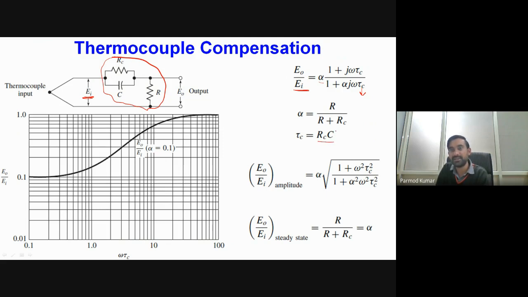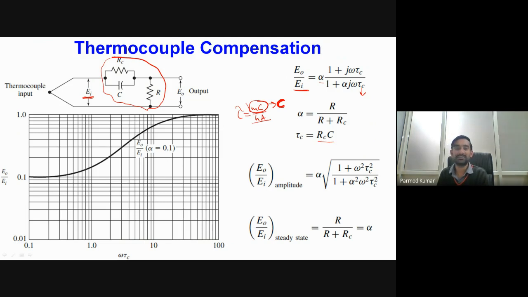Here C represents the capacitance, and RC represents the resistance. Similarly in our thermal system, I have defined tau as MC divided by HA, where MC represents the capacitance, equivalent to the capacitance in our electric circuit, and 1 by HA is equivalent to thermal resistance.